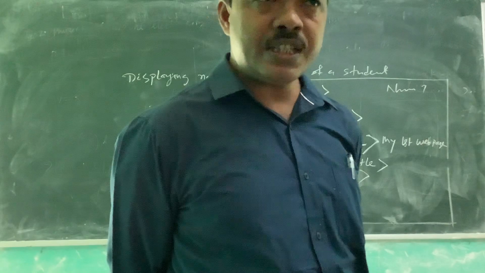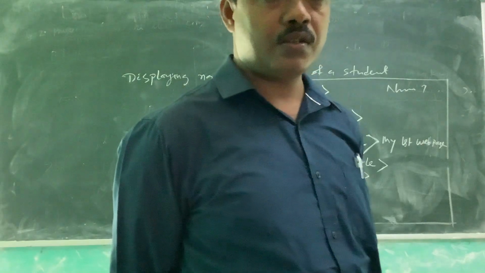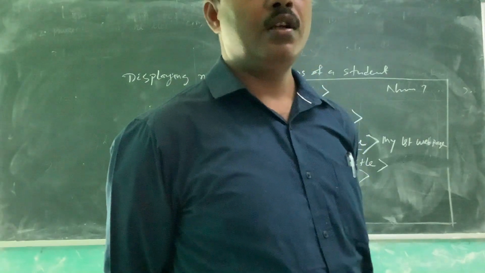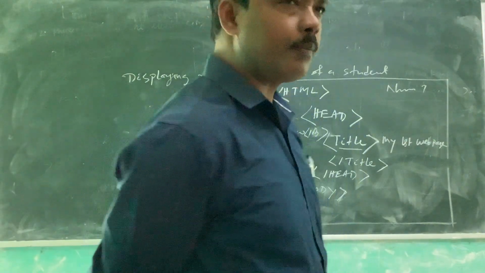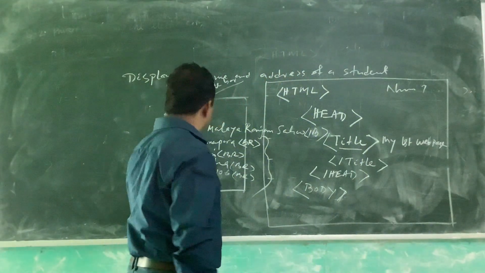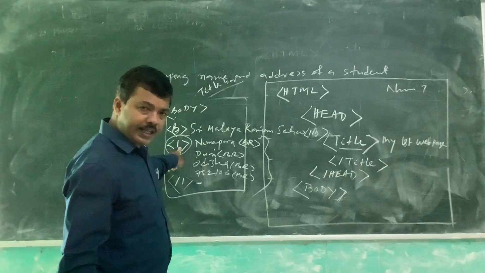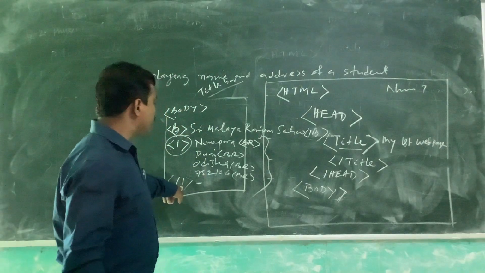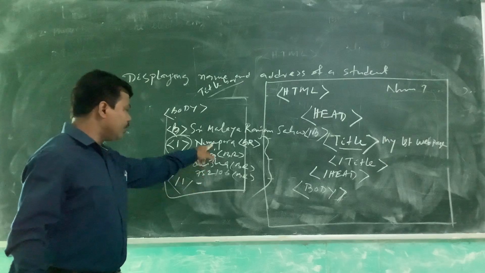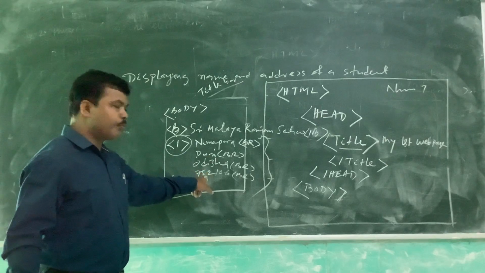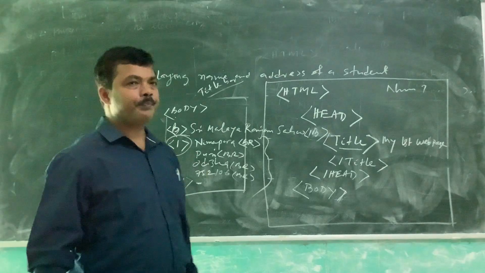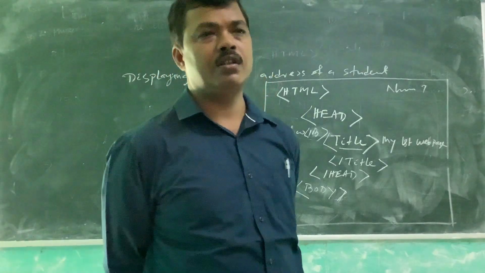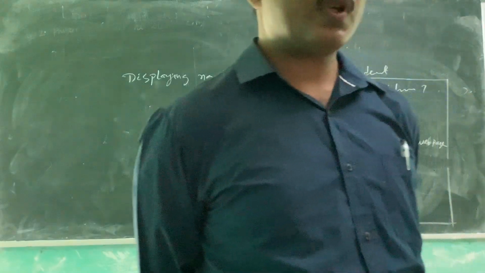So for each line of address we do not need to type I and slash I again and again. Better give the I tag here and close the I tag after completing the address.